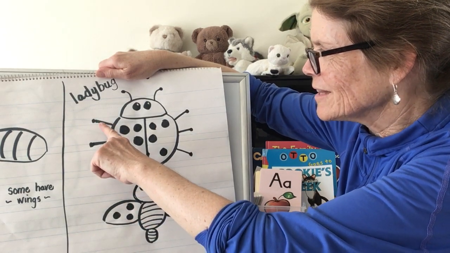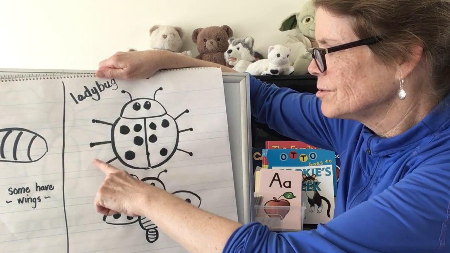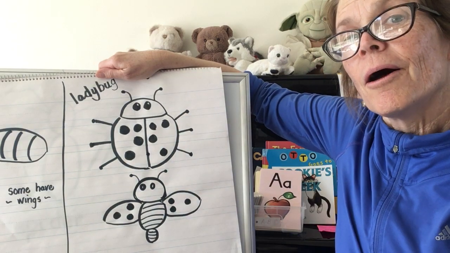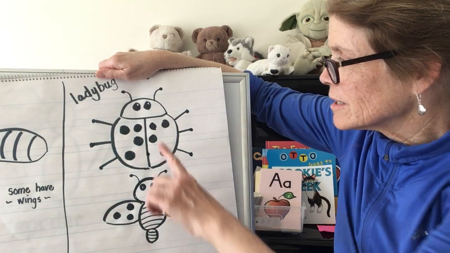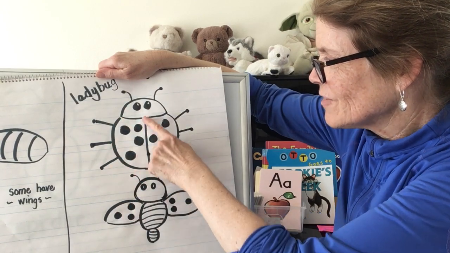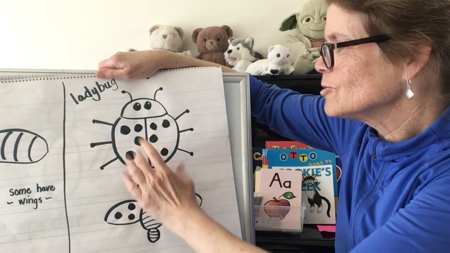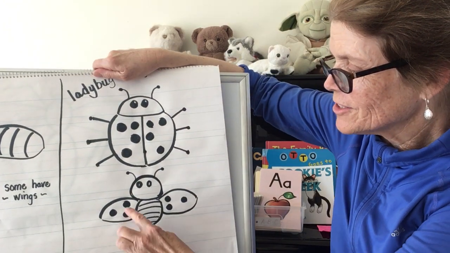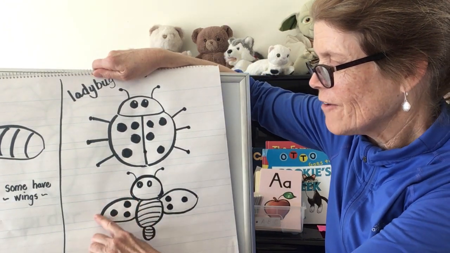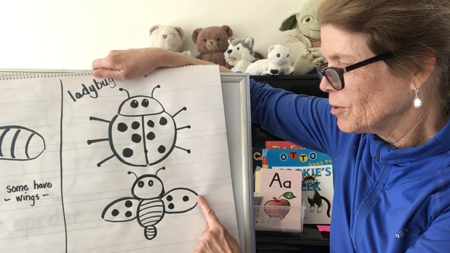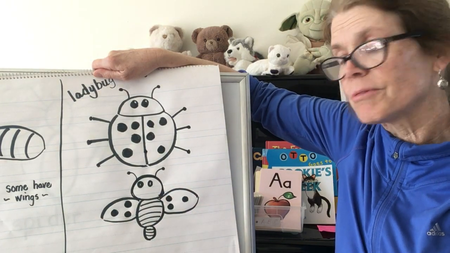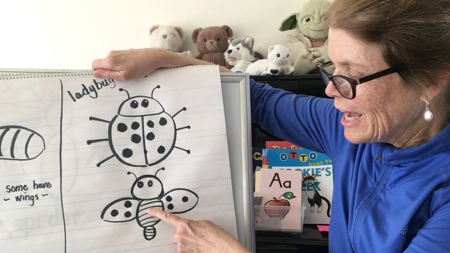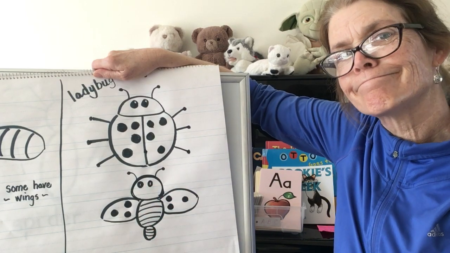But I do see that a ladybug has 1, 2, 3, 4, 5, 6. Now, a ladybug has wings, and these are the wings of a ladybug right here. And those wings cover the ladybug's body. Look down here. Here's another drawing of a ladybug flying. When their wings go out, you can see the 3 body parts: the head, the thorax, and the abdomen.